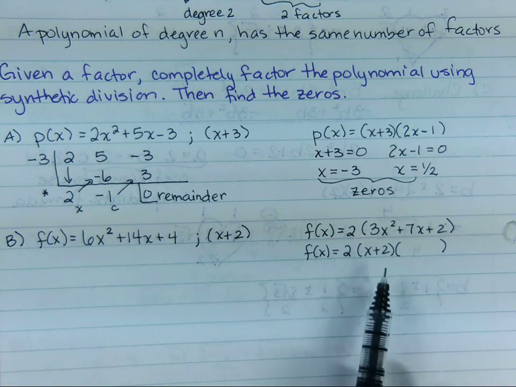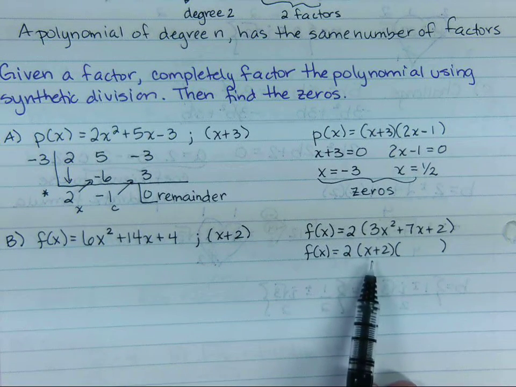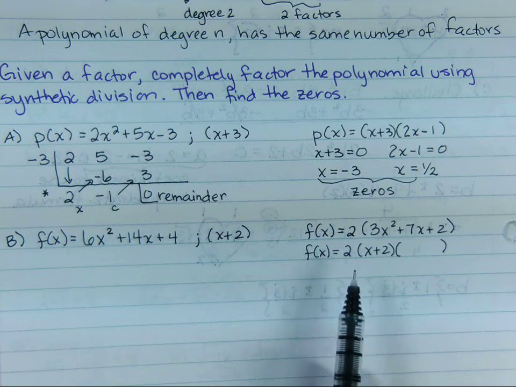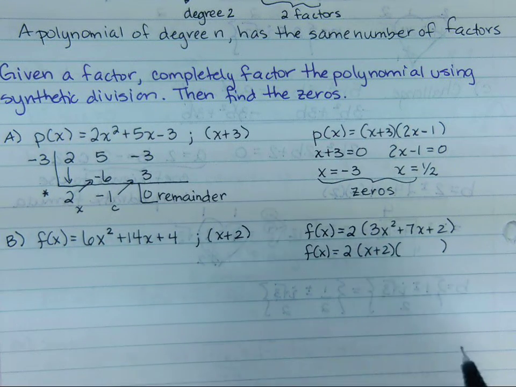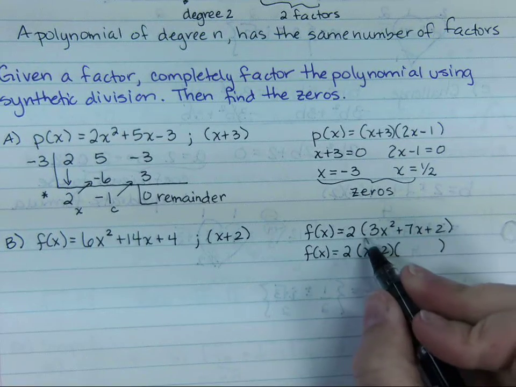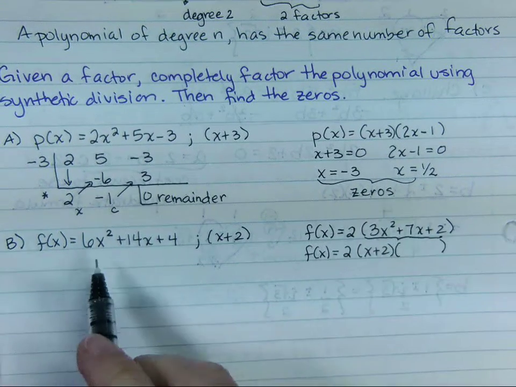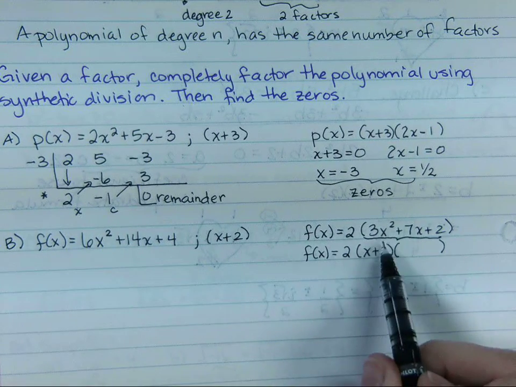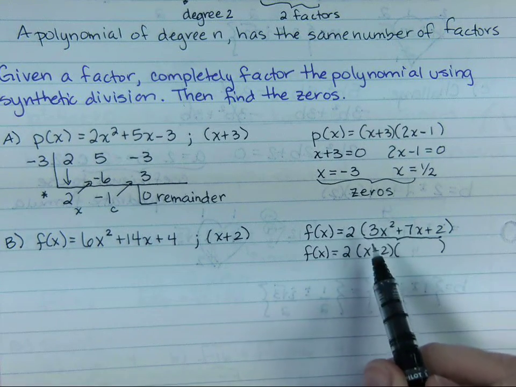So they're giving me an x plus 2 factor. I have to take out the GCF also. Now, when you use your synthetic division, you're going to want to use this polynomial right here. You're not going to use this original anymore because I've taken out the GCF and I'm looking at a simpler function.